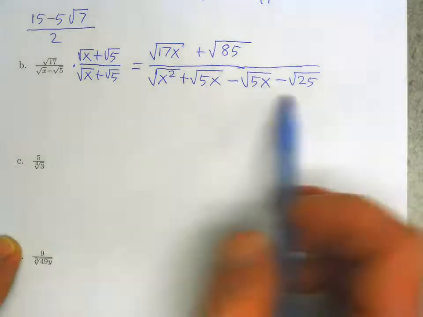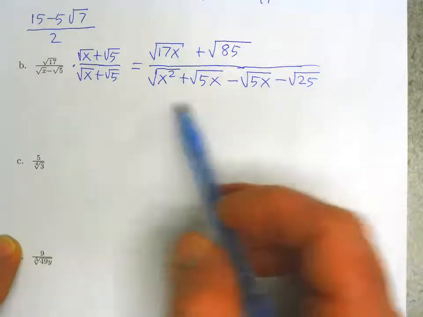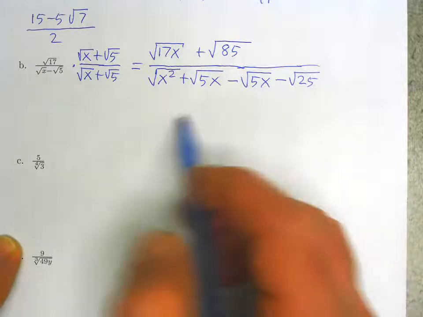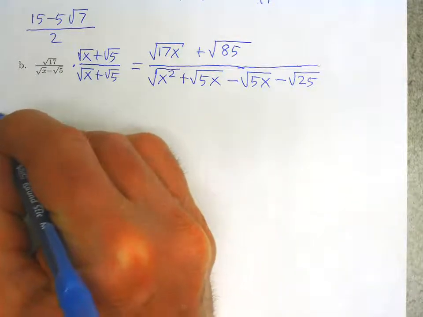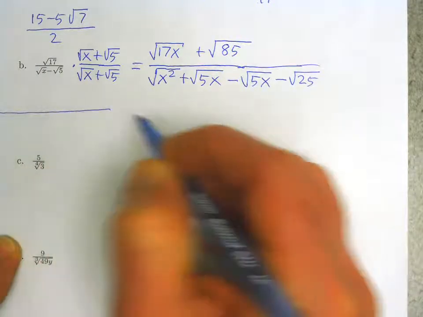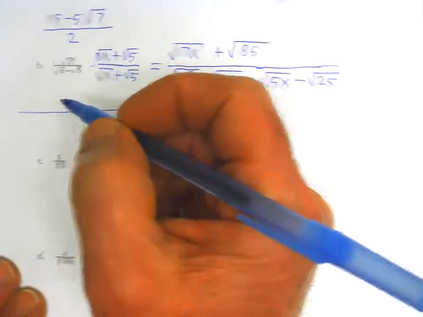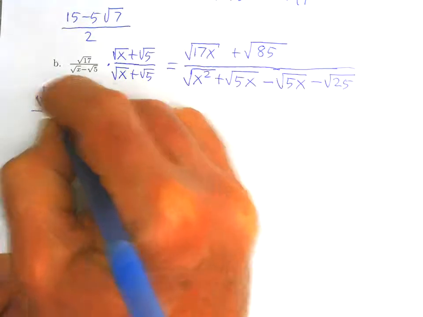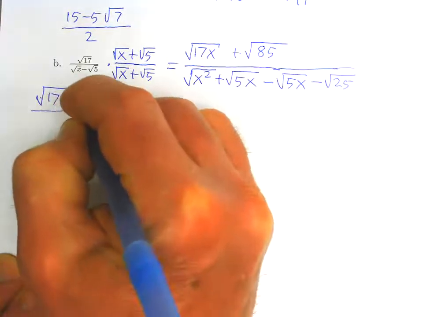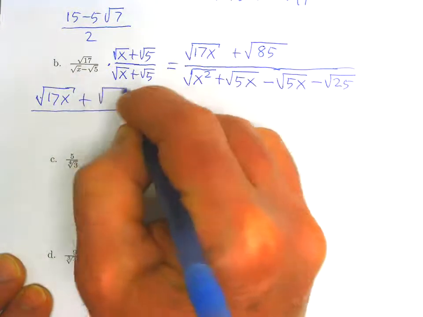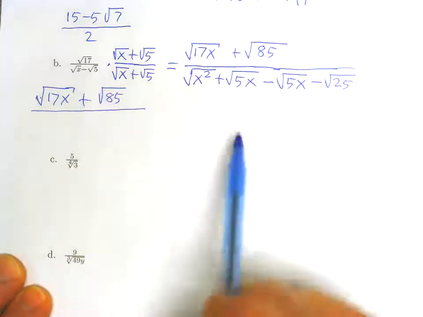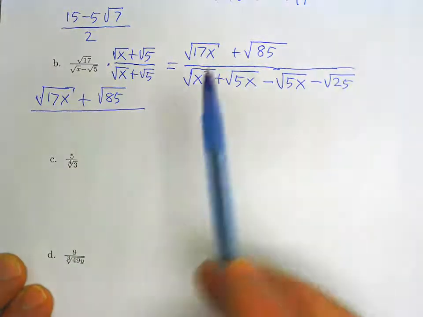So in this case, the next answer will be the completely simplified answer. The numerator can't be simplified any further than it already is. So the numerator is just the square root of 17x plus the square root of 85. In the denominator, the square root of x squared is x.